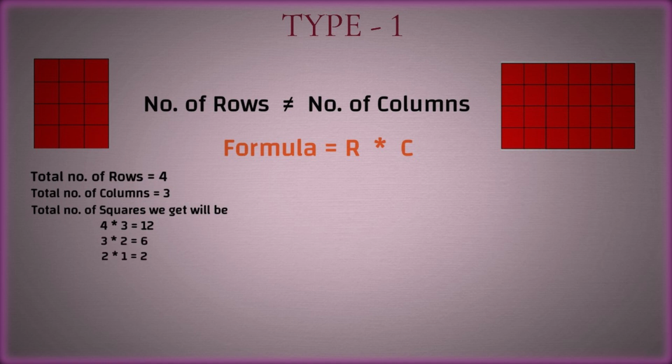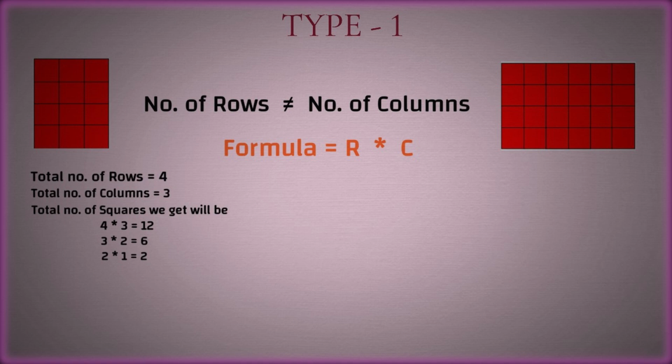As in the first step we wrote 4 into 3, we got 12. In the next step we decrease each number and write 3 into 2, which gives us 6. Similarly, one more step further, we write 2 into 1, which gives us 2, and this is where we stop, because if we go any further, the next number is going to be 0, and anything multiplied by 0 is 0.